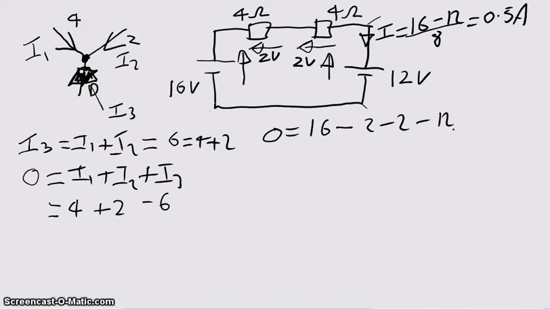Alright, so that's how this Kirchoff's law applies. But now let's look at where the circuit gets a bit more complicated, and we can use Kirchoff's laws to solve the circuit to find our unknown currents. What we're going to do to achieve that is change the circuit.